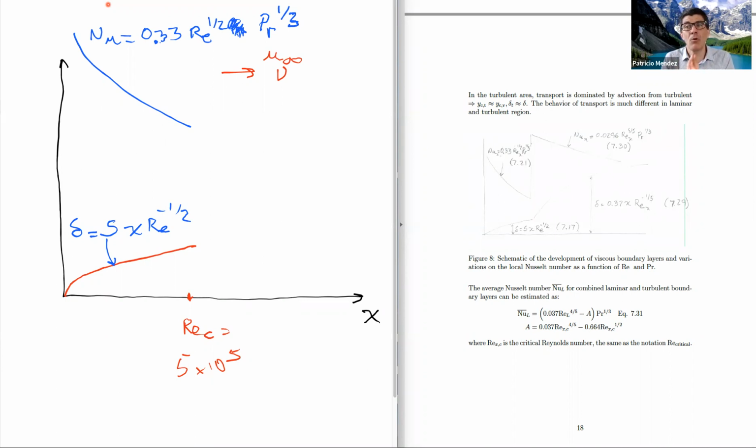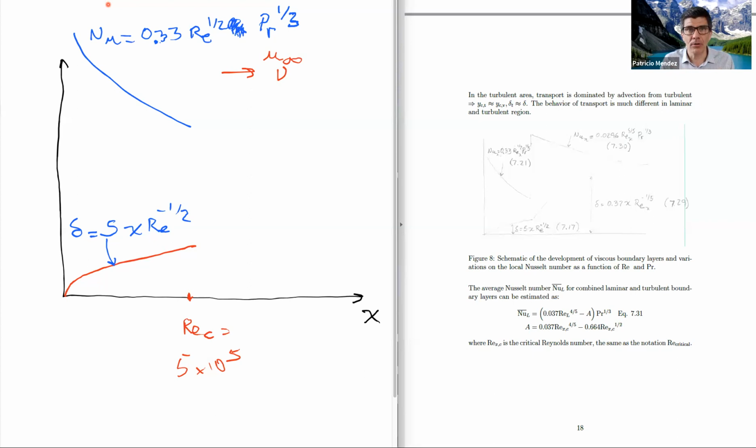So now when we have turbulence, we have motion of the fluid that is chaotic and random. What heat transfer mechanism is associated with motion of the fluid? It's advection.